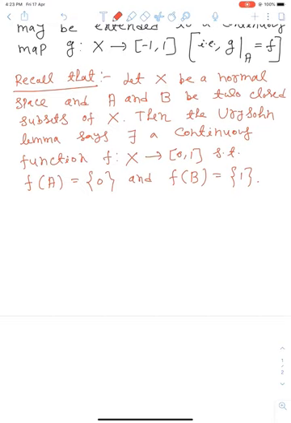Now tell me, is there any specialization for that closed interval [0, 1]?